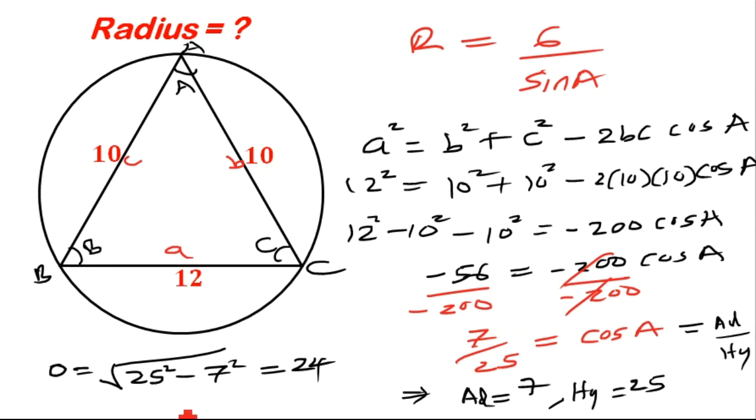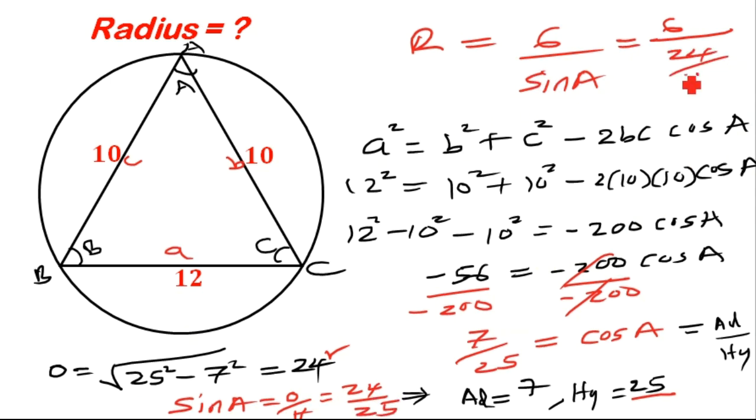Now we are in a position to get sine A. Remember, sine is always opposite over hypotenuse, and the opposite side is 24, the hypotenuse is 25. So sine A is 24 over 25. When looking for the radius r, it is 6 over sine A, but sine A is 24 over 25.